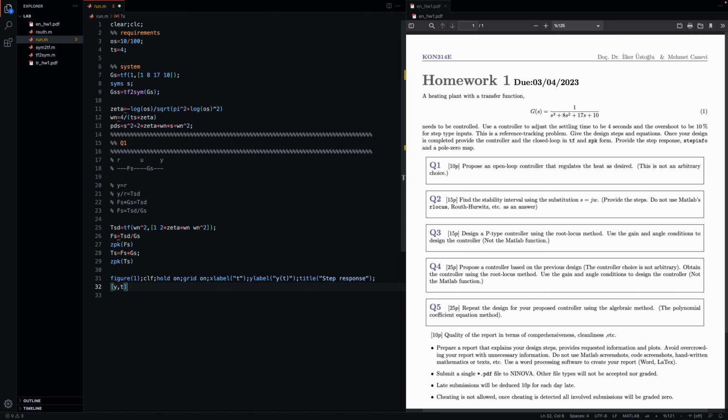So y, t equals step ts, plot t, y, line width, let's have it black, line width of 2.